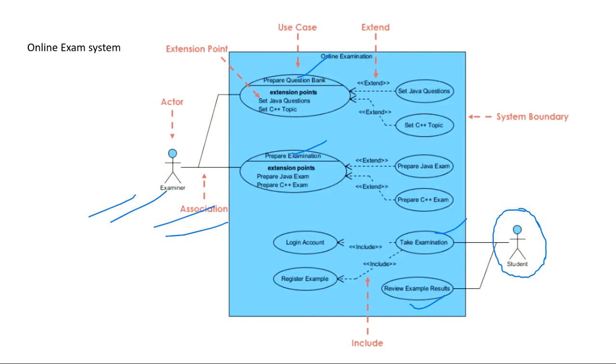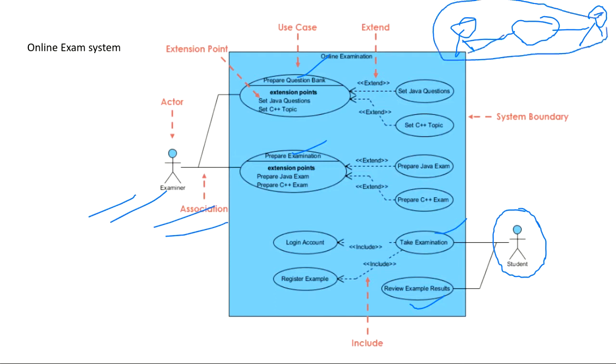For example, if one actor is here, initiating this process, and the other actor is responding to it, then it is possible to say that this is my primary actor and this is my secondary actor. You are able to distinguish between them. If you see in this example, you are taking an examination.